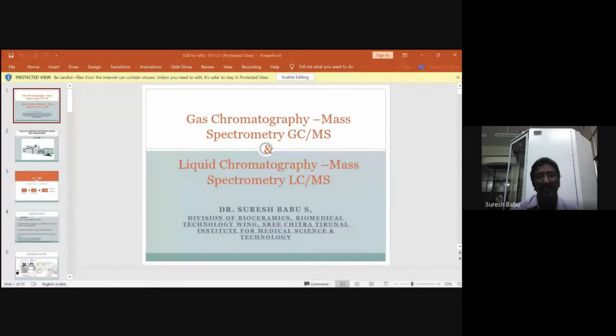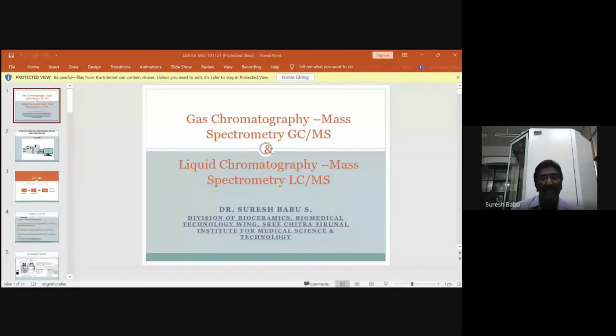Actually, the function of LC is to separate the components of a complex mixture. LC is the most capable technique for separating closely attached components, and MS identifies the components. Actually, this LCMS is a chromatography technique.